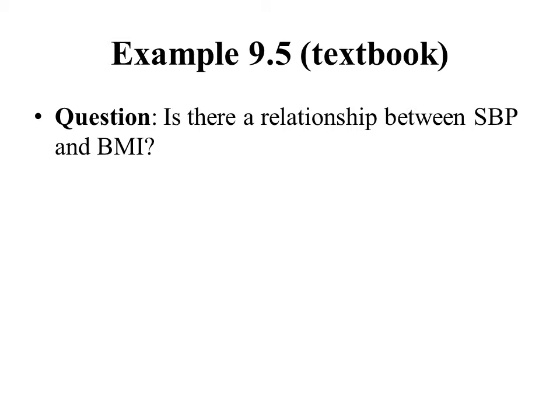In this example, the question is: is there a relationship between systolic blood pressure and body mass index? The data in this example comes from a sample of 3,539 people. So obviously they can't list all that data in one place very conveniently, and so they don't list it at all. All they give are the results.